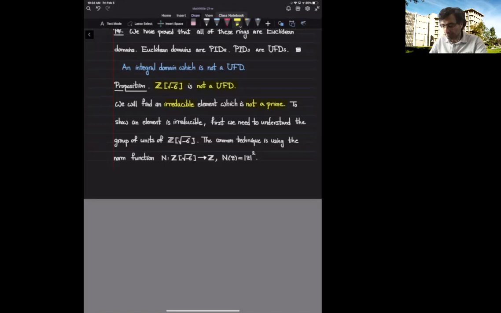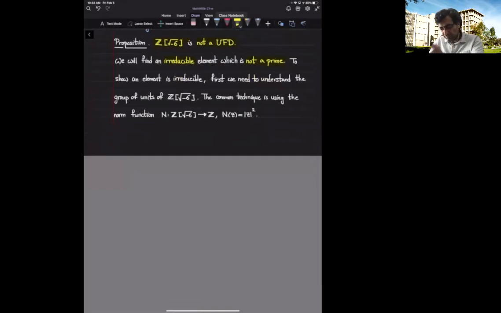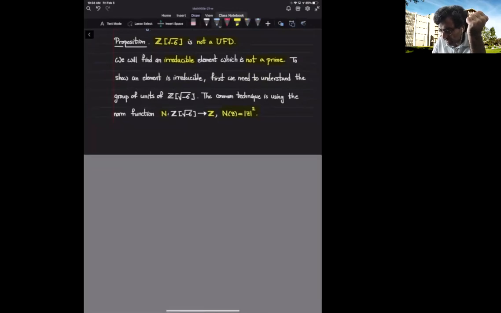So we look at the map that sends z to the complex norm of z squared. What is crucial about this map, which I call N, is that the codomain is the ring of integers and N is multiplicative. So again, the crucial properties of this map N are, first, N is multiplicative, and second, the codomain is the ring of integers.